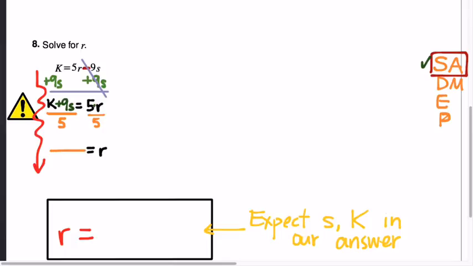But as long as you can navigate that choice, then actually all of our algebra work is done. And at that point, I would recommend walking away. So the answer that we would give to this problem is that r is equal to k plus 9s, all divided by 5.